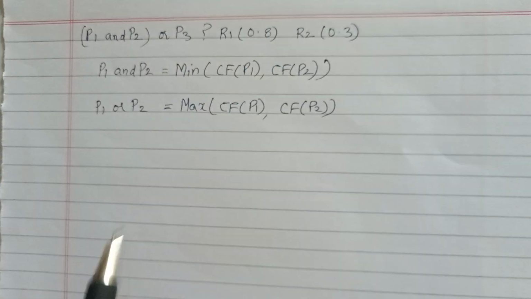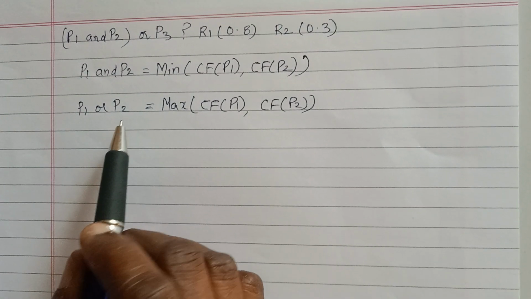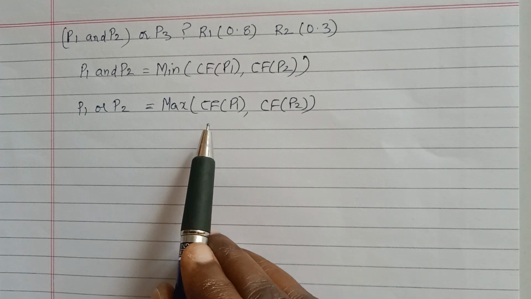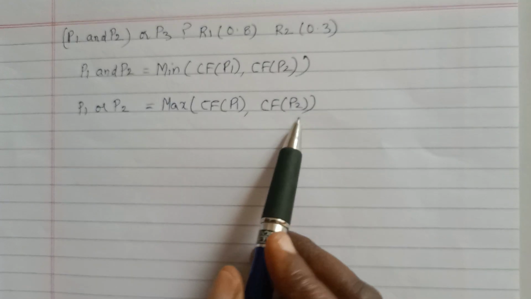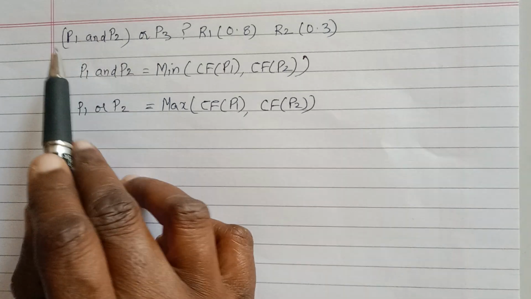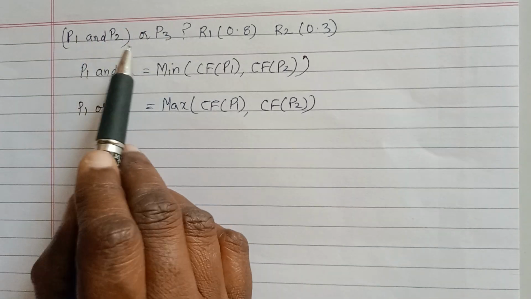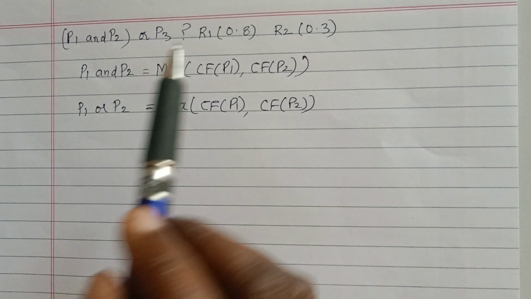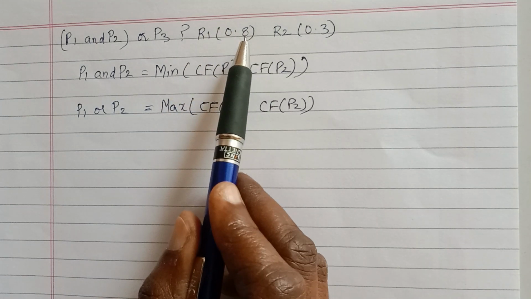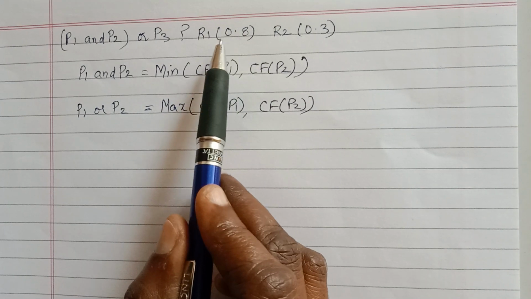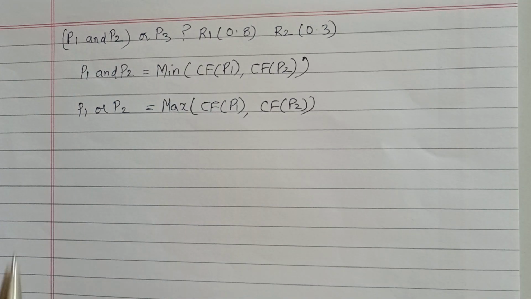If it is P1 or P2, you have to take the maximum of the certainty factor of P1 and the certainty factor of P2. So first let us solve this statement, P1 and P2 or P3. We will find the value and then we can use this result with the conclusions R1 and R2.